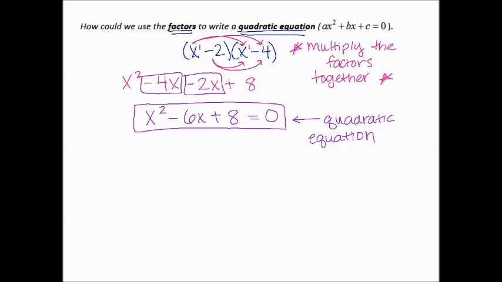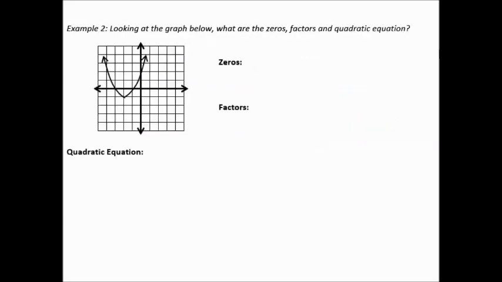Let's look at one more example together. So here, looking at the graph below, what are the zeros, the factors, and finally the quadratic equation? So my zeros here are where my graph touches my x-axis. My zeros are going to be (-3, 0) and (-1, 0).